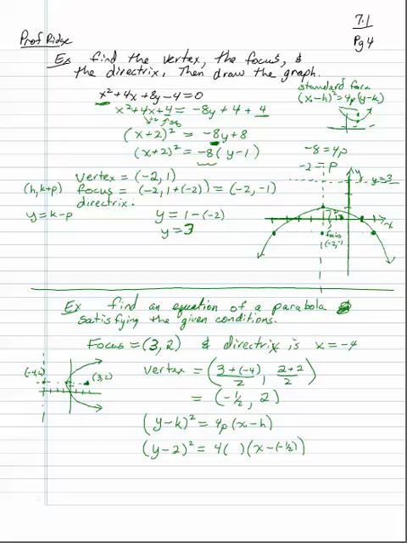Now we just have to figure out p. p is going to be that distance from (3, 2) to (-1/2, 2). So p will be 3 minus a minus 1/2, which is equal to 3 1/2, which is 7/2.